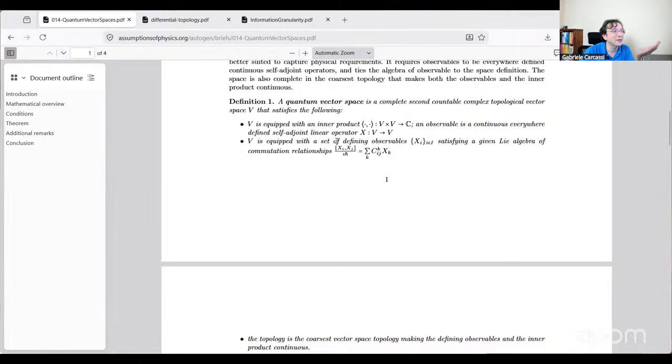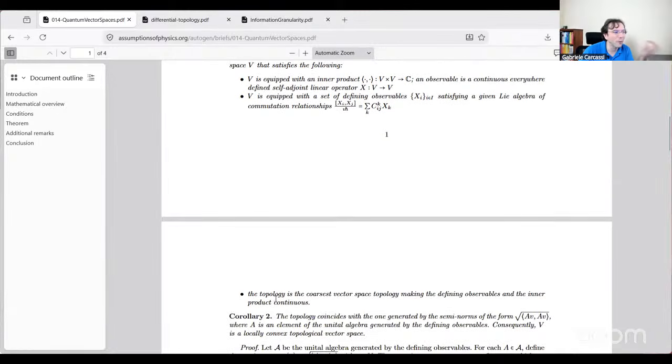Then V is equipped with a set of defining observables with a well-defined Lie algebra of commutation relationships. This is how we define spaces anywhere. When we say, oh, I have a qubit, what does it mean that you have a qubit? Well, that you have this spin 1/2 with a particular commutation relationship. So this is something that we do in physics anyway. Just put it in the definition.